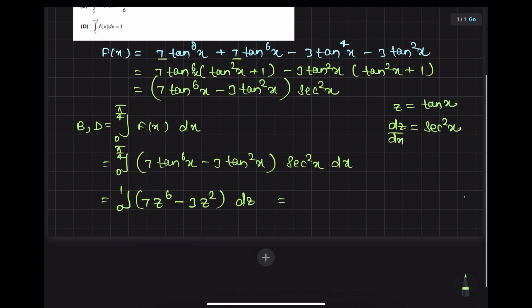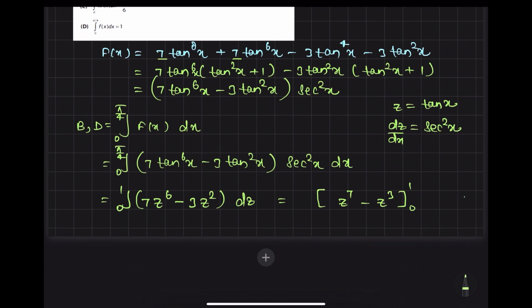Now let's do the integration. We will be left with 7 times z to the power 7 by 7. So 7 got neutralized. We will be left with z power 7 minus z power 3 by 3. So 3 and 3 will get neutralized. We will be left with this. So this is 0, this is 1.